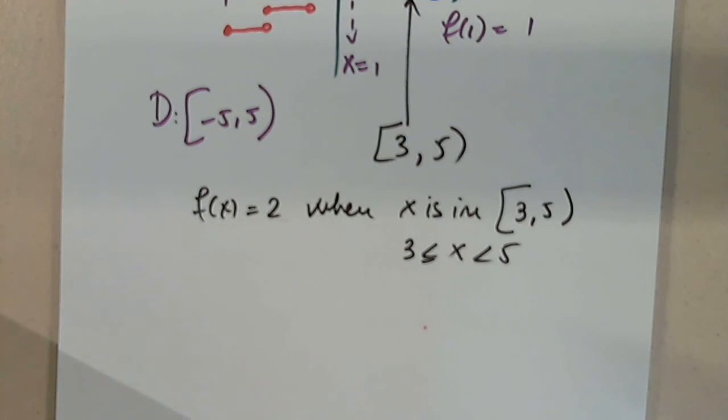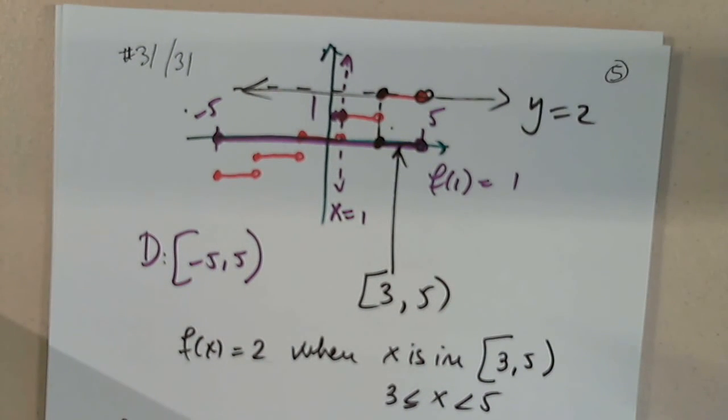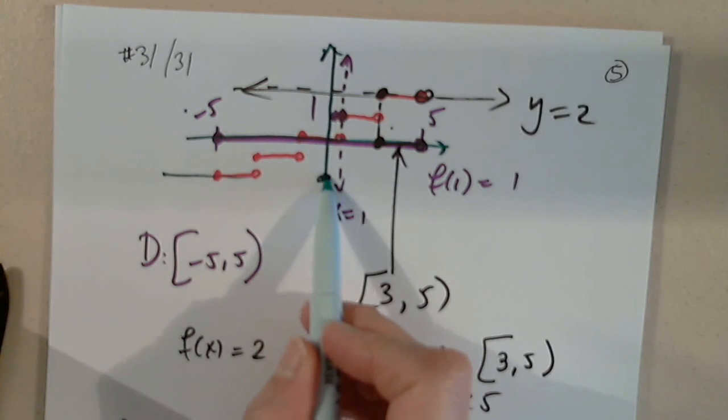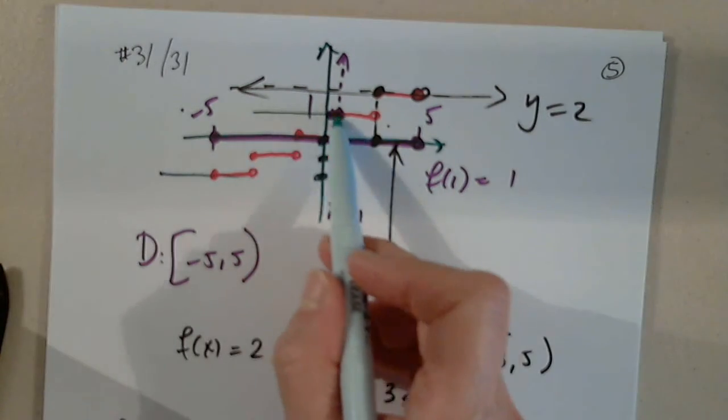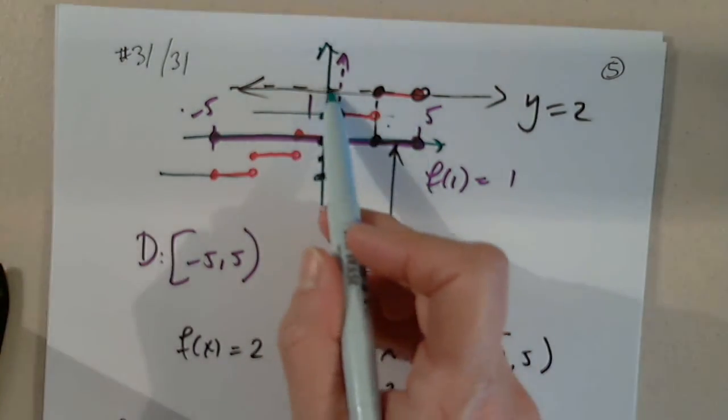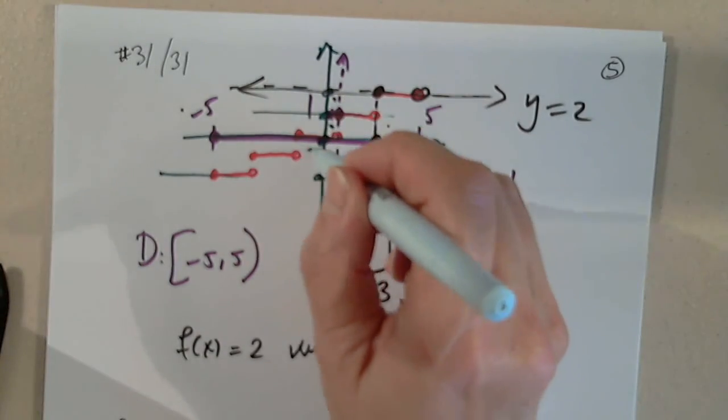Finally, we're asked to find the range of this function. The range is measured on the y-axis, and now I have to read, and I will be reading one value here, one value here, one value here, one value here, one value here, and nothing in between.